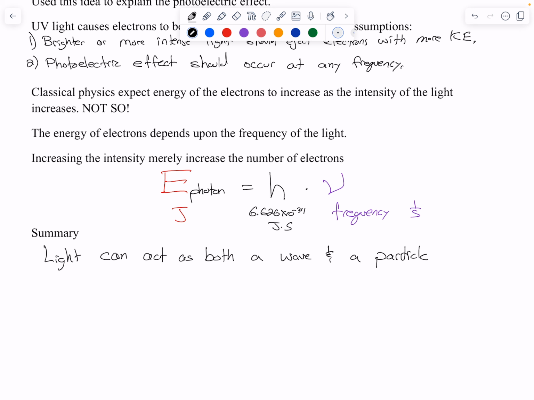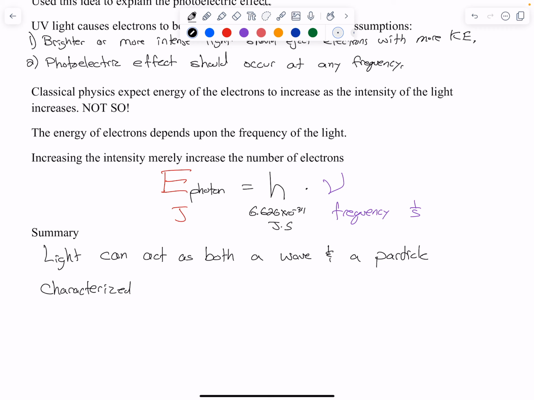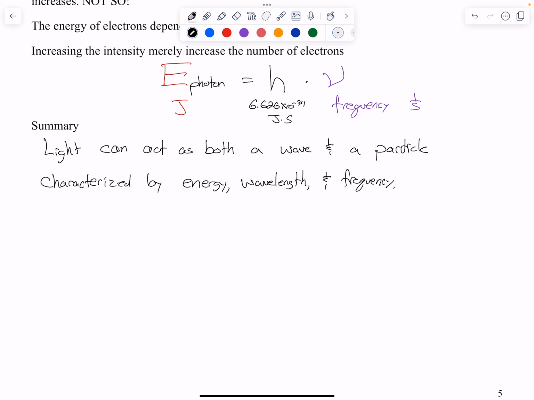All right. And they are characterized by energy, wavelength, and frequency. So if I take our two equations, the speed of light equals wavelength times frequency, and energy equals Planck's constant times frequency, notice that there's something in both.